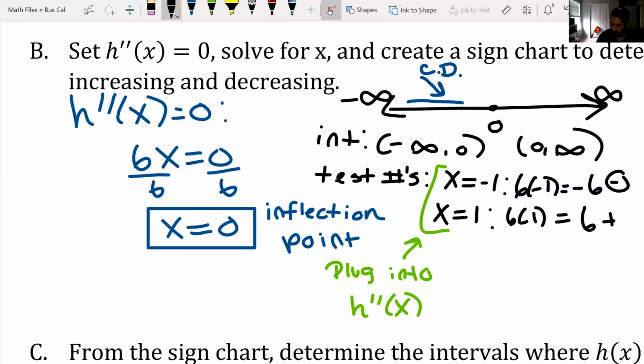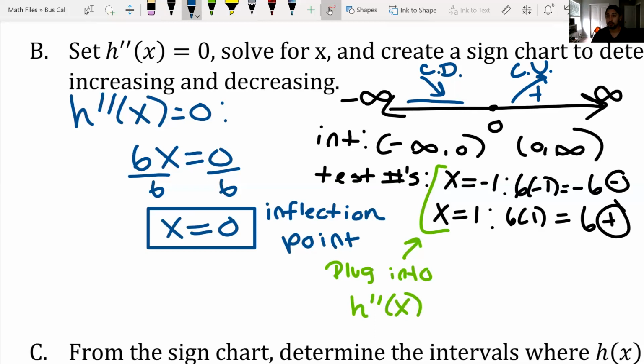Positive, negative. That's all we really care about. Okay. So from 0 to infinity, the second derivative is positive, which means the first derivative is increasing, which means we are concave up.